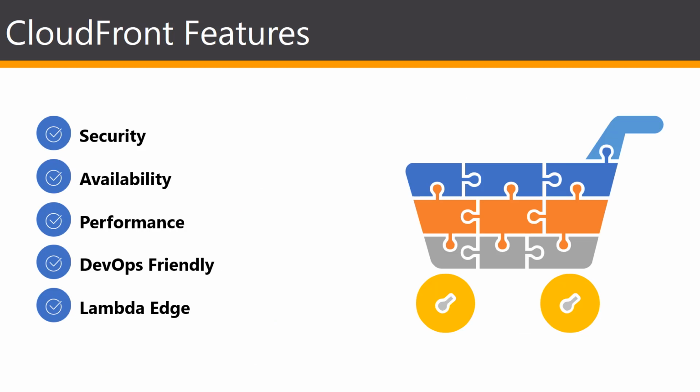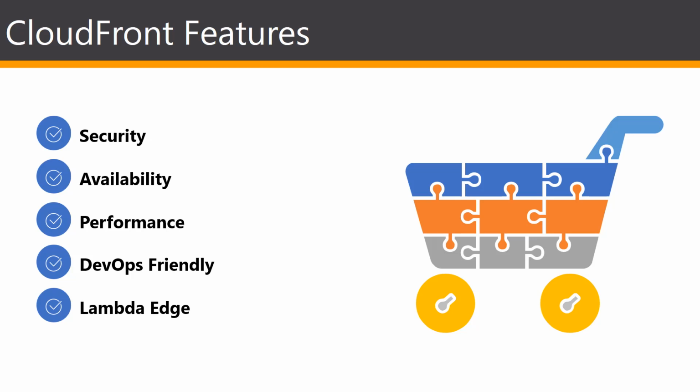Some of the other features that CloudFront offers: it offers protection against network and application layer attacks. In conjunction with the AWS Shield and the Web Application Firewall, also known as WAF, and the Route 53, they work seamlessly together to create a flexible layered security perimeter against multiple types of attacks, including network and application layer DDoS attacks.